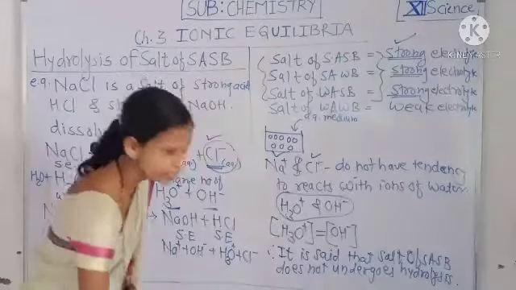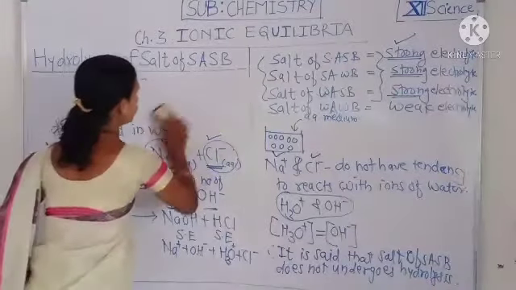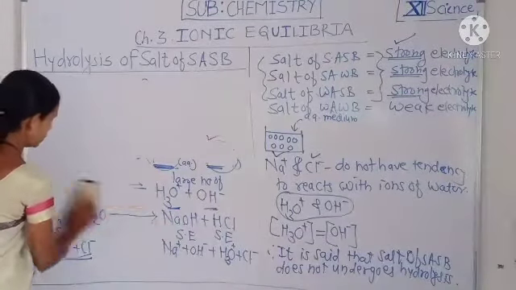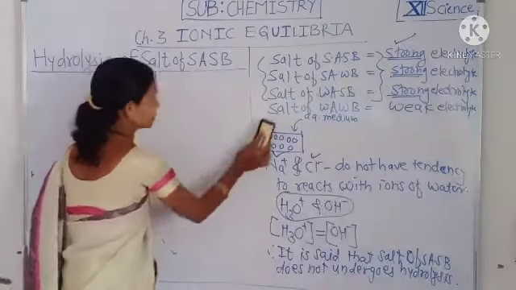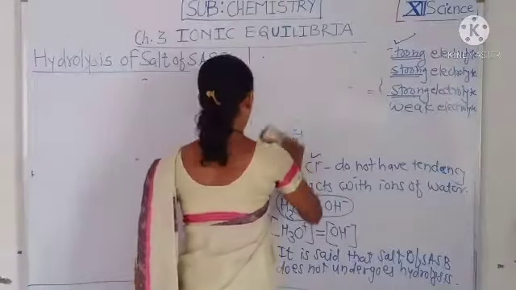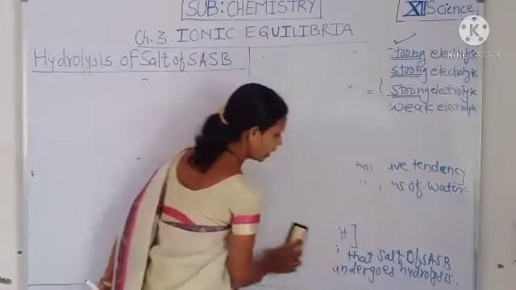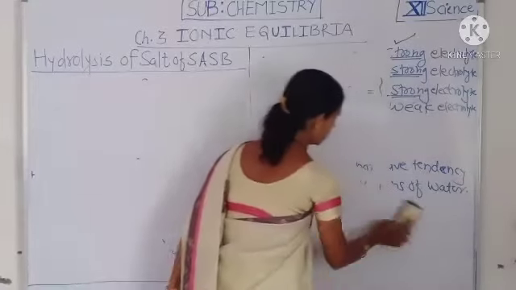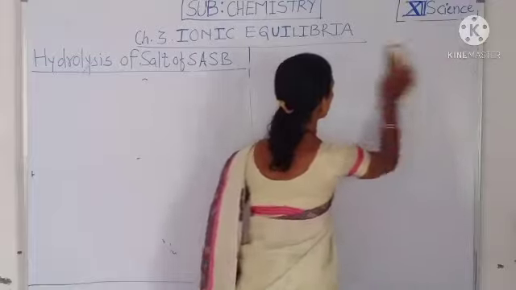Then the next type of salt, that is hydrolysis of salt of strong acid, weak base. Examples of this type of salts we have already discussed in the previous lecture.